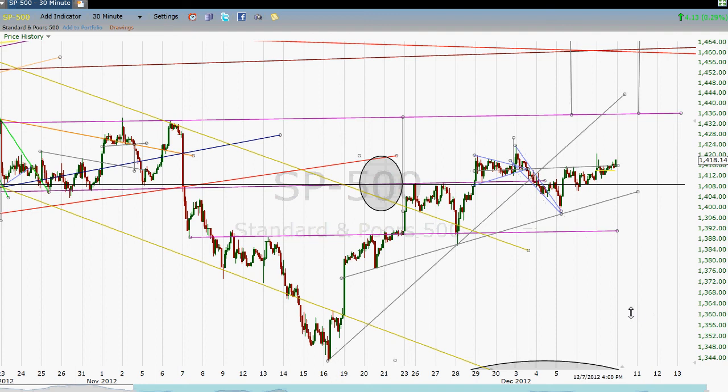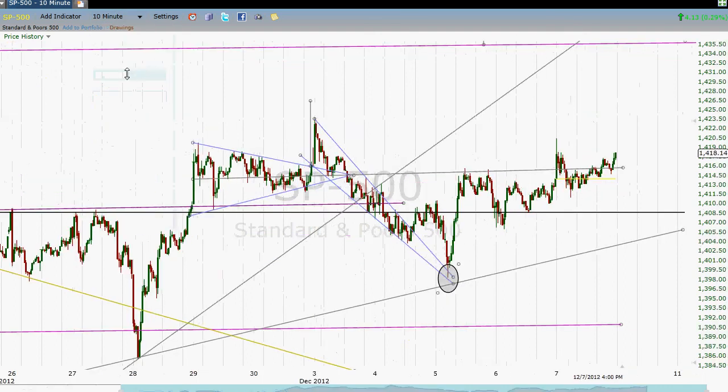We did form what appears to be a little area of resistance that I mentioned that was around the apex of this symmetrical triangle that formed the week before last. You can see that the S&P got up out of that pattern, but then traded down in this little wedge.